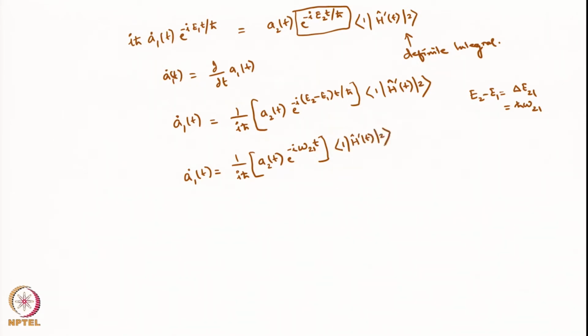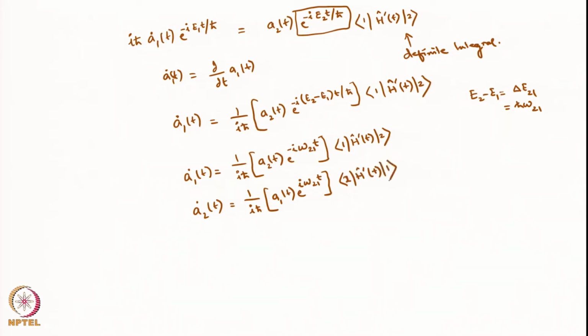Now you can also rewrite this same equation starting from the other equation for A2 dot. That will come out to be A2 dot of t equal to 1 over i h bar times A1 of t e to the power of i omega 21 t times the integral of 2 H prime of t 1.